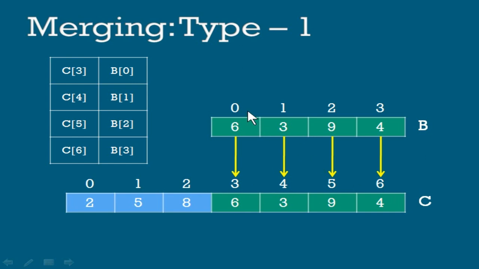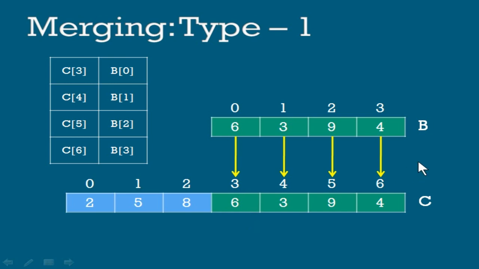You can notice the difference is 3: 0 plus 3 is 3, 1 plus 3 is 4, 2 plus 3 is 5 and 3 plus 3 is 6. So you add 3 to the B array's position value to get the C array position.